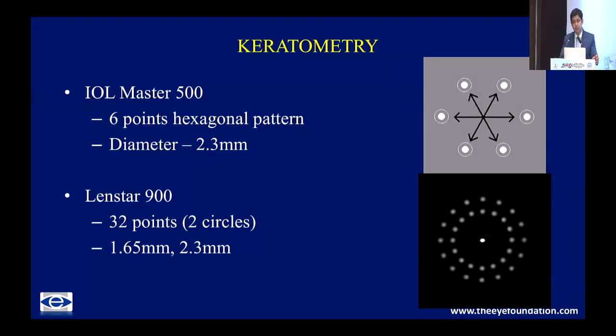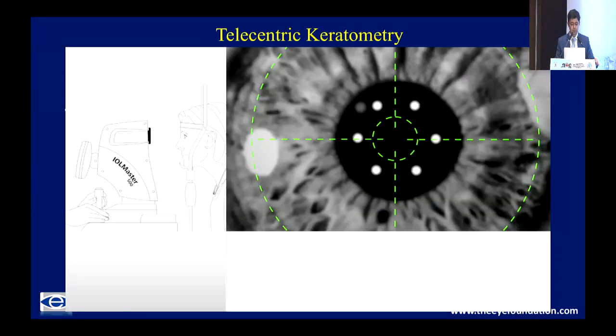Looking at specific devices, like I said, generally they focus between the 2 to 3 millimeter area depending on the device that you're using. The number of points may vary, but it's this 2 to 3 millimeter area which is most important, which is what all our formulae are designed for.